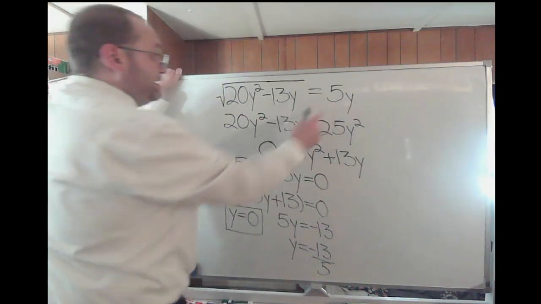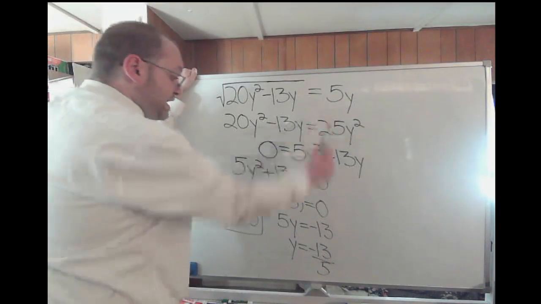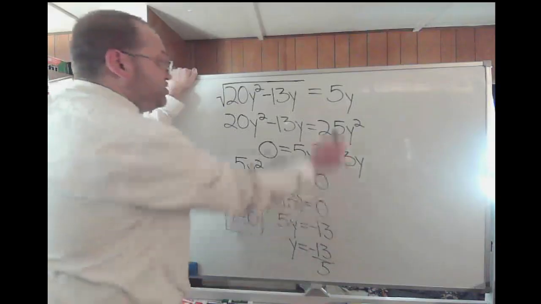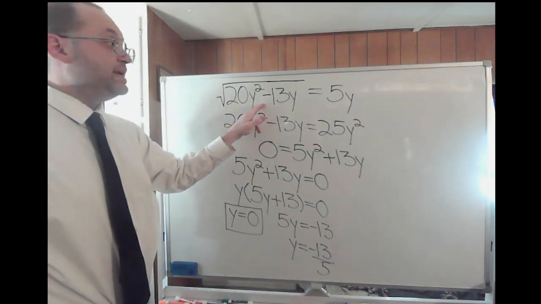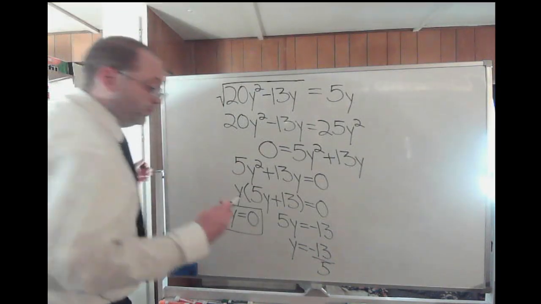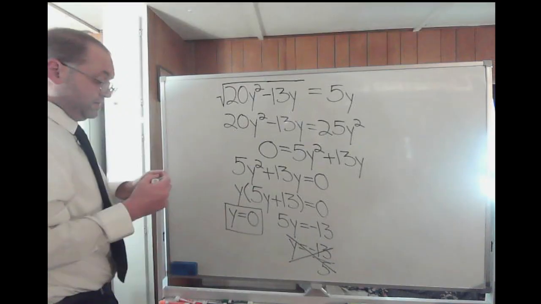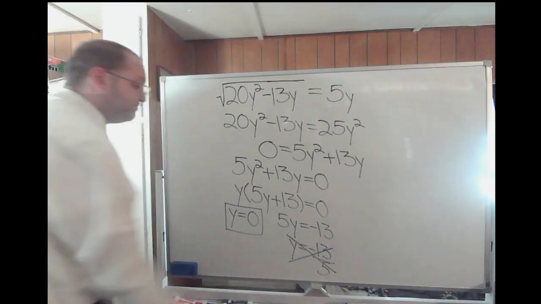Look at your right-hand side. You'll have 5 times a negative number, which gives negative 13. The square root of a number can never be negative. It can only be positive. So right away, we discard y equals negative 13/5. And again, your only solution to this is y equals 0.